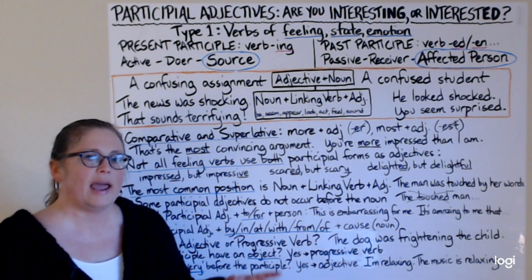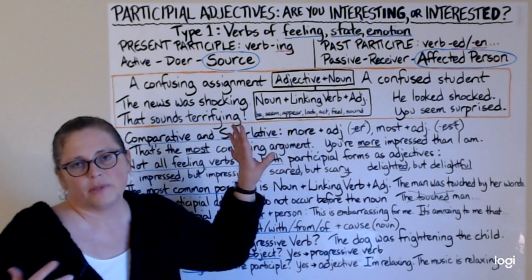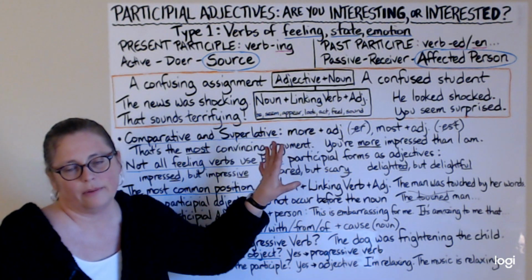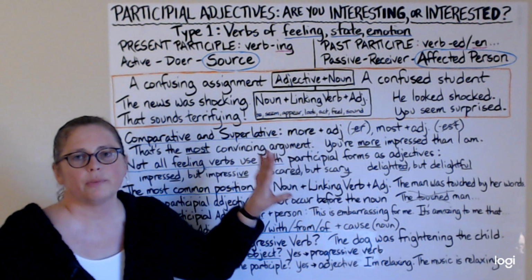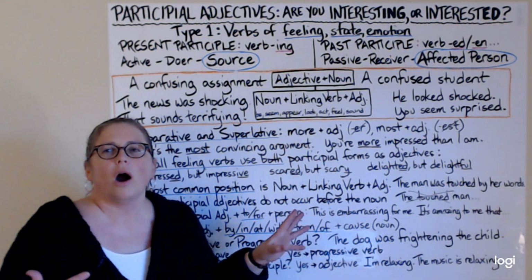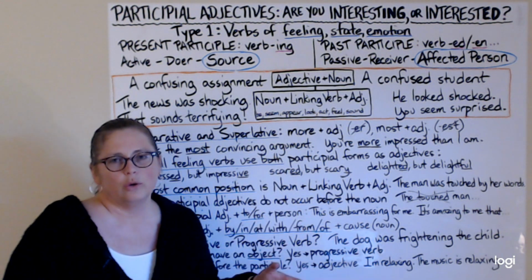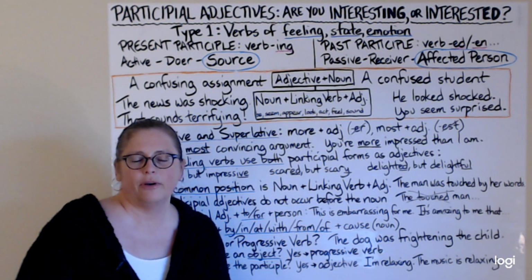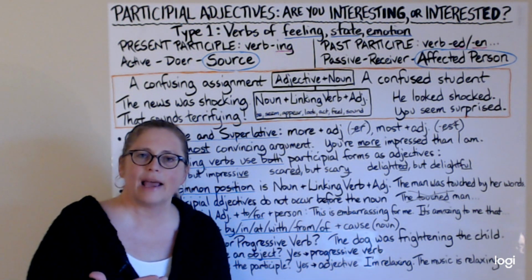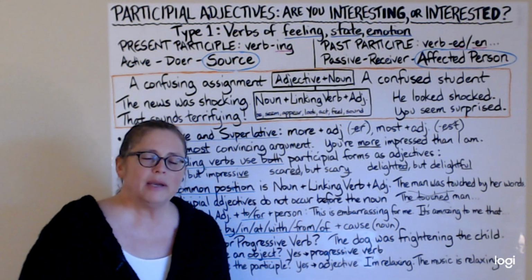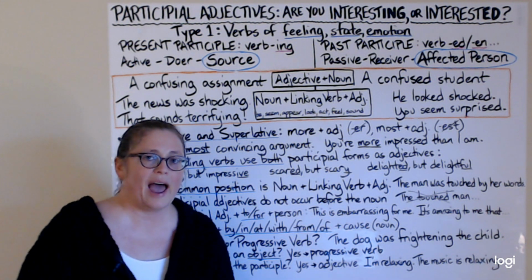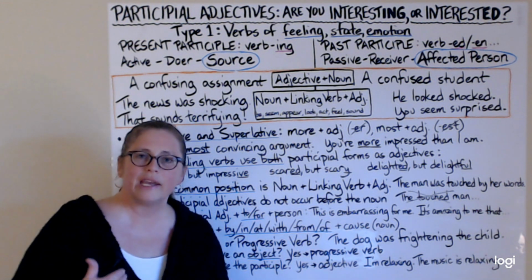Now, let me say, we're talking about these verbs of feeling and state and emotion. Most of these verbs in English are more commonly used in their adjective form than as an active verb. I mean, it's possible to use the active verb to say that worries me.